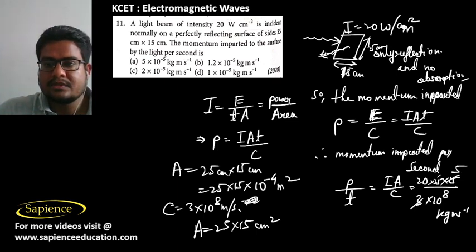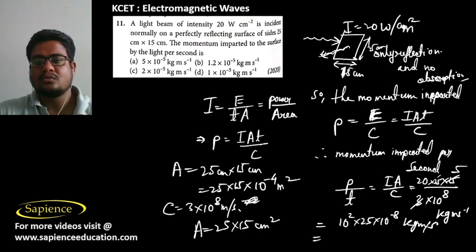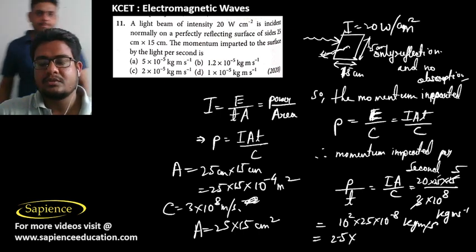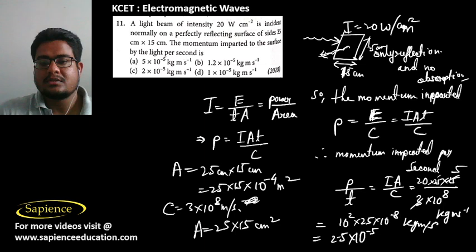Therefore, this will be equal to 2.5 into 10 power minus 5 kg meter per second.